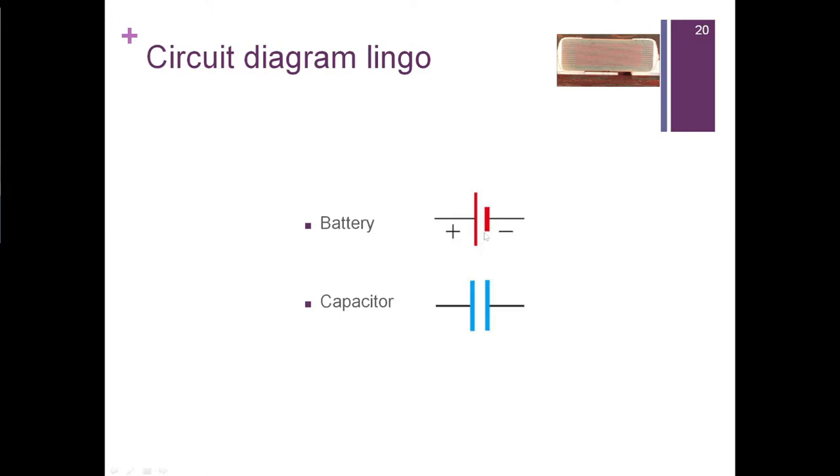That symbol is two parallel lines that are not the same size. One of them has a positive and one of them has a negative. This again represents that the battery must have one positive side, one negative side, and it represents the voltage supply, the potential difference within the circuit.